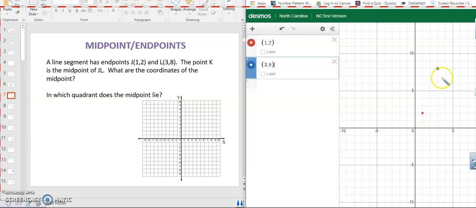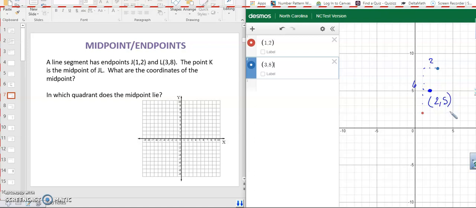So let's go from one point to the other. We're going up 1, 2, 3, 4, 5, 6. We went up 6, and we're going to the right 2. Now we want to go half of that so we can find the middle. So half of 6 is 3, and half of 2 is 1. So the coordinates of the midpoint are 2, 5.